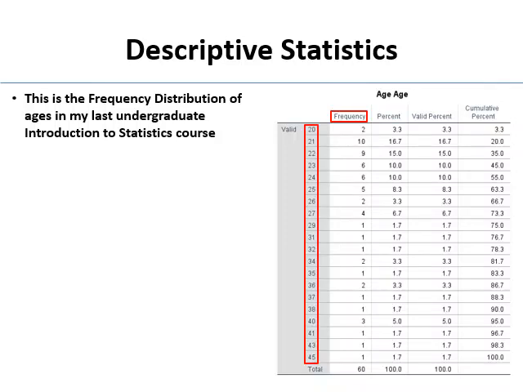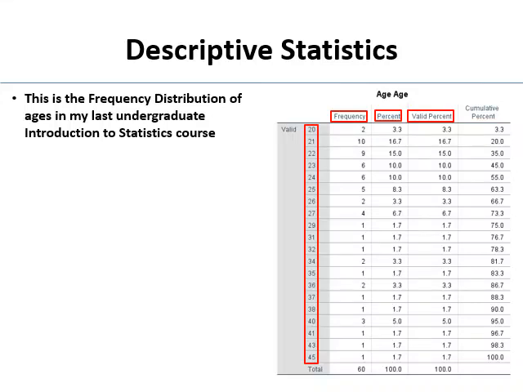So, there were 10 21-year-olds, for example. So how many folks had each value of this variable, which is age. Percent is exactly what it sounds like. It's the percent of folks who were each age. Valid percent in this case is exactly the same because everyone provided a valid age.